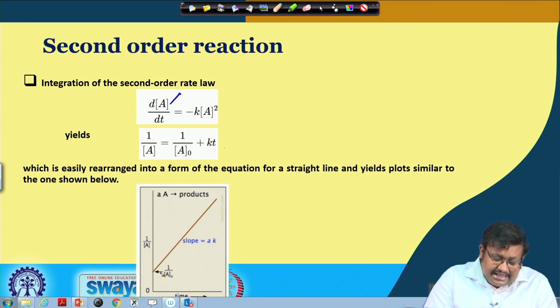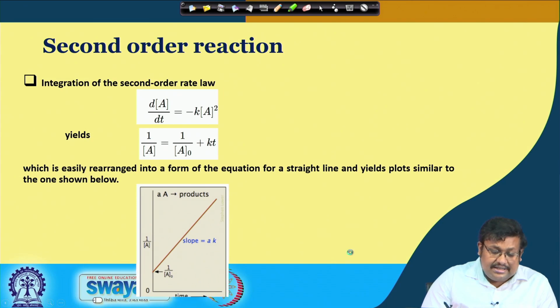So, here you can see there is a positive slope in case of second order reaction, and when we are plotting the time and 1 by concentration of A reactant, we will get a positive slope of K, and here the intercept is 1 by A0, where A0 is basically the concentration at time 0. This is another characteristic of the second order reaction.